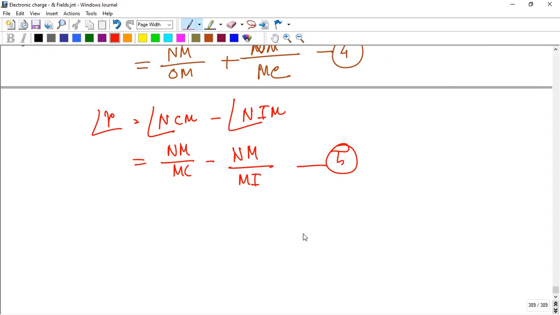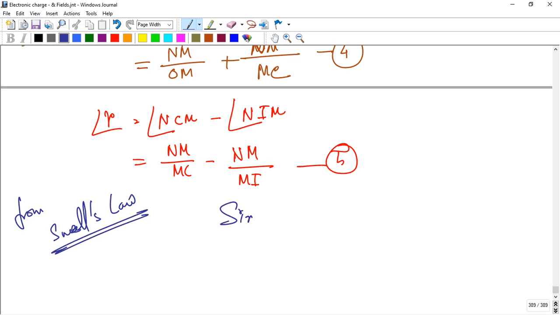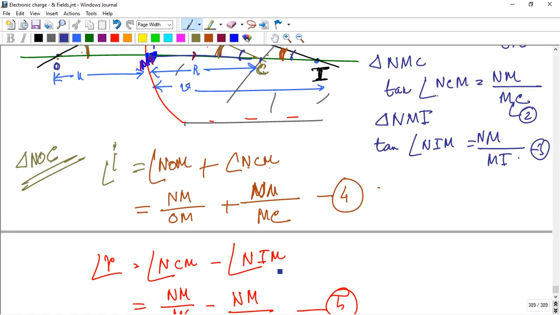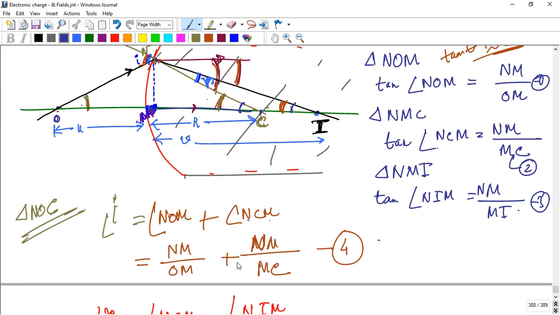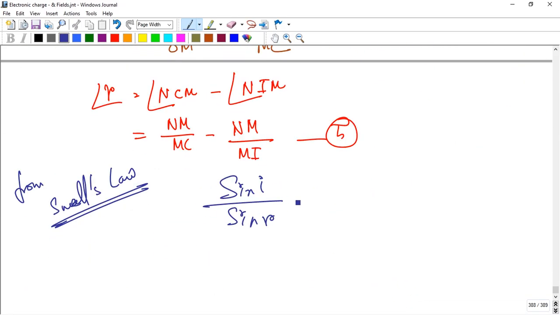And from Snell's law, sin I by sin R is equal to N21, that is N2 by N1.